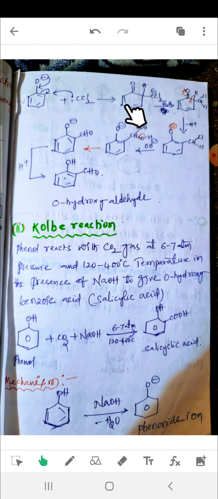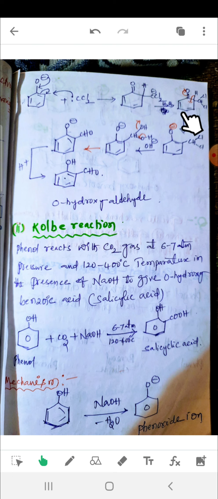The compound is the same, and a double bond forms here. The H is already inside, that is the CHCl2. Then with H2O, H plus takes the electrons to this side, and this electron goes to the oxygen side. This is the structure we have to see here.